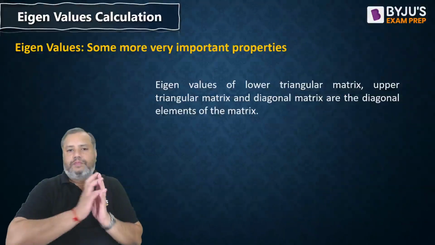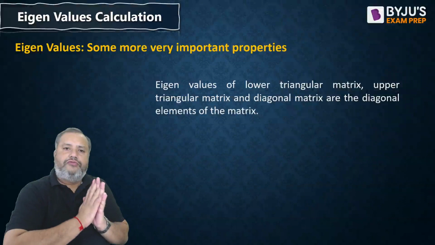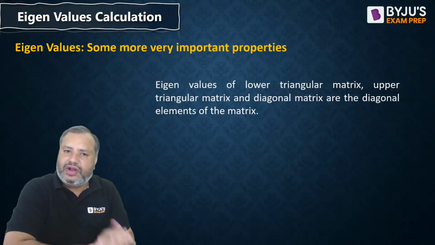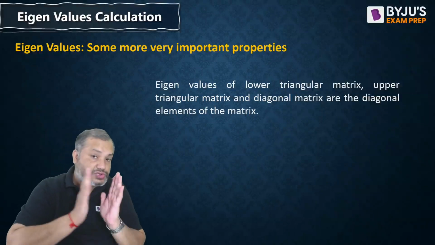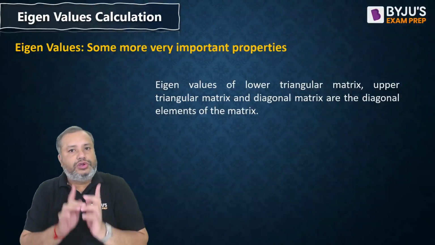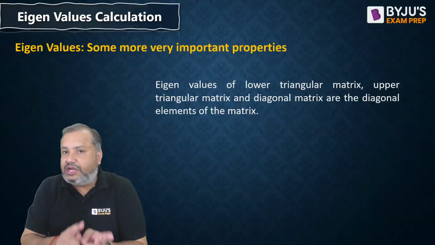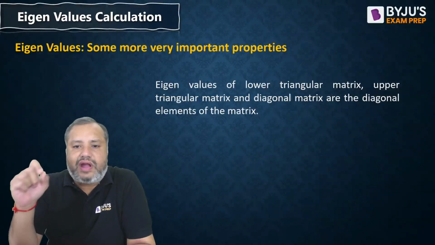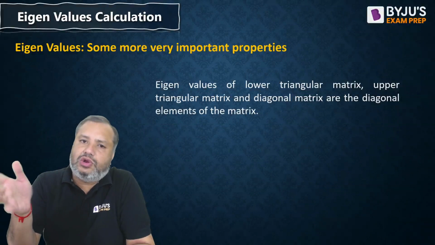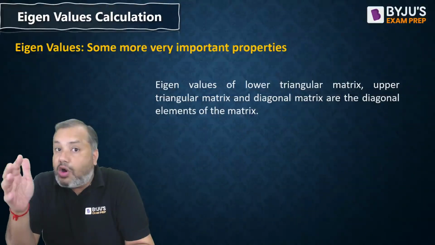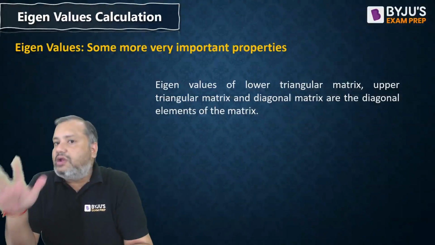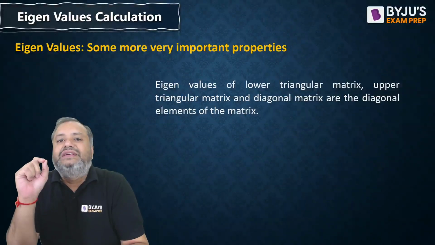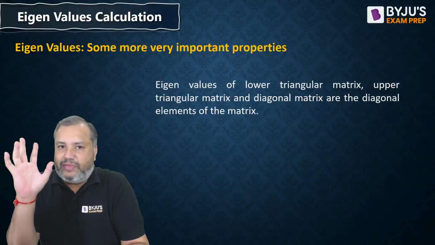Yes, so eigenvalues of a triangular matrix or a diagonal matrix are straight away the diagonal elements. Students, I am not advising you to convert the given matrix into diagonal form. No, not at all. What I am saying is, if originally your matrix is a triangular matrix, either lower triangular or upper triangular, or originally your matrix is a diagonal matrix, then the eigenvalues will be simply the principal diagonal elements. That's it.